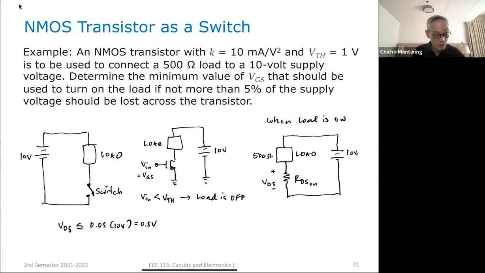So we know that RDS on is approximately equal to 1 over K (VGS minus VTH).